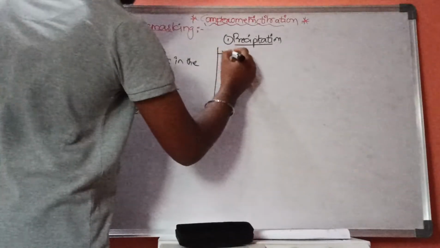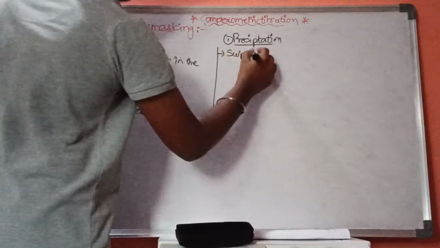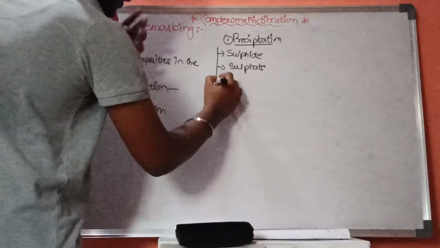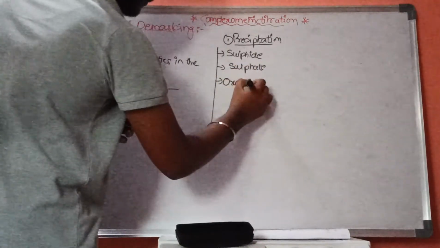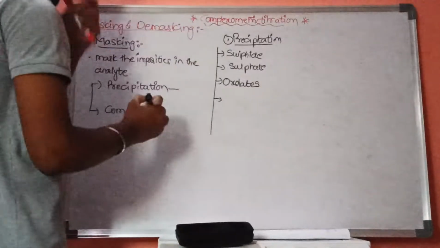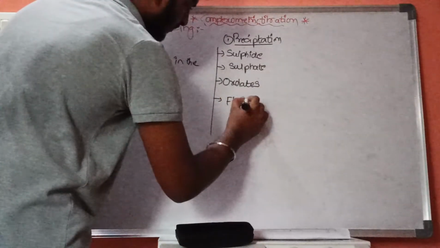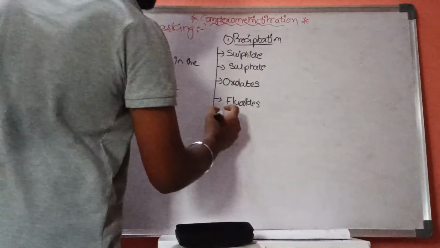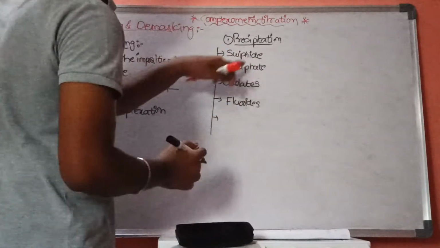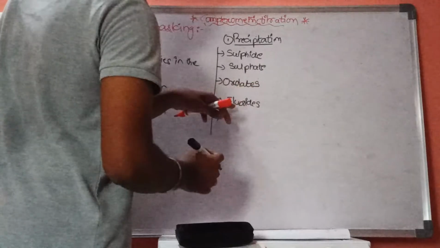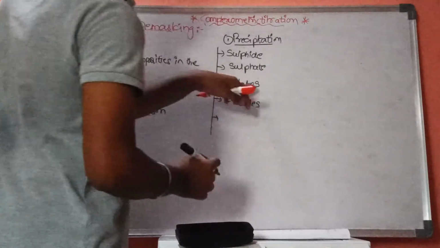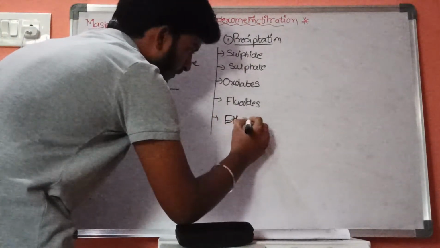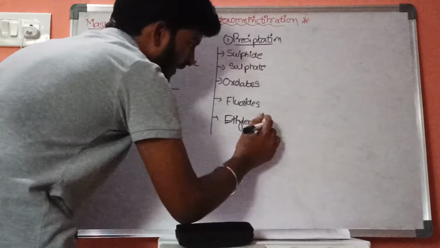First one is sulfides, second one is sulfates, third one is oxalates, fourth one is fluorides, and fifth one is ethylene glycol.